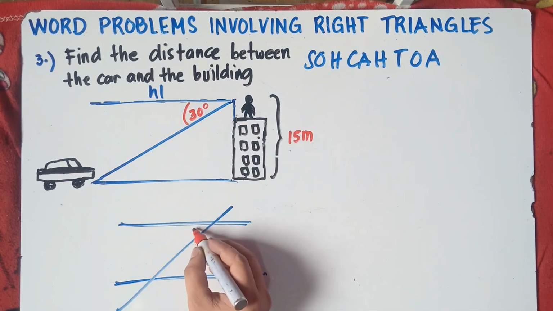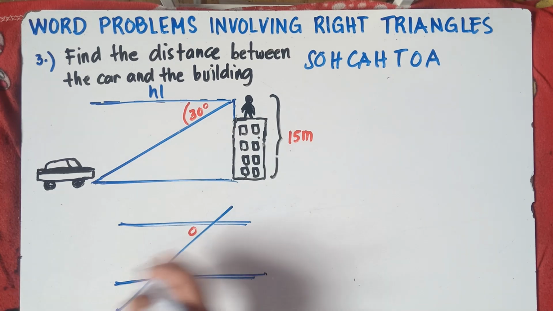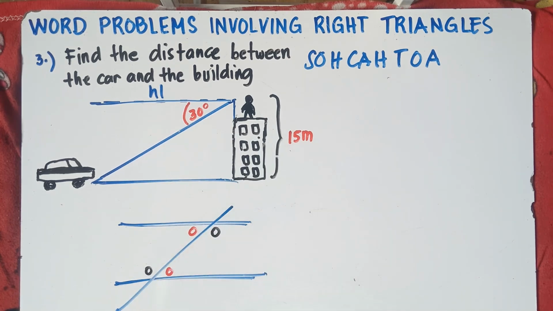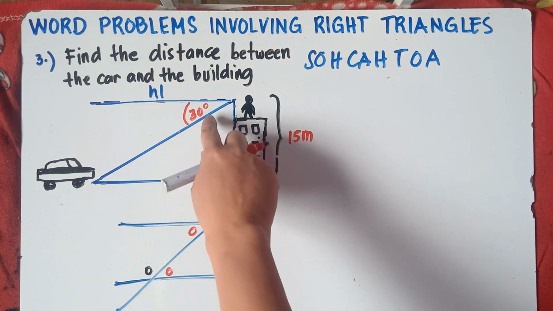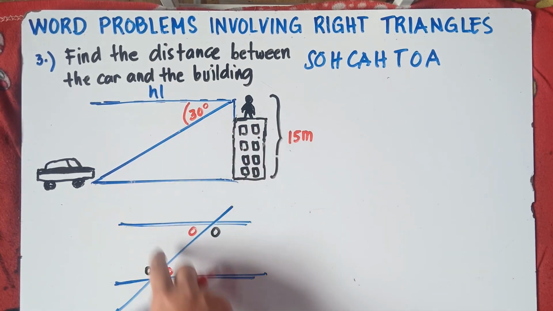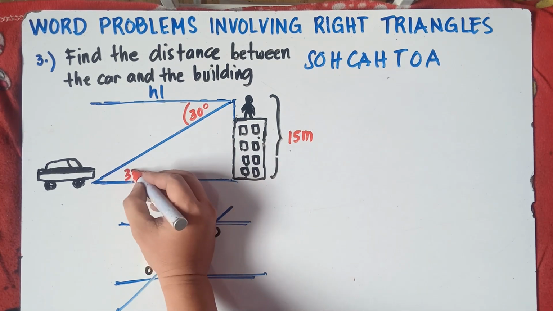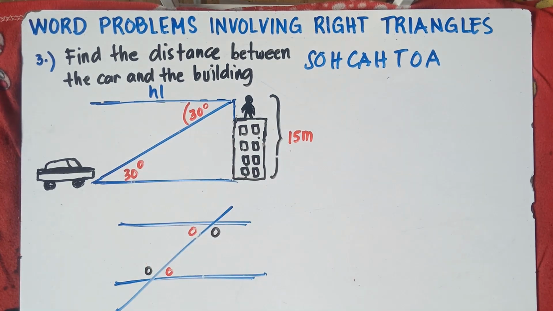This angle right here is congruent to this angle. That's what we call, class, alternate interior angles. And this angle will be congruent to this angle. Therefore, if this is a 30 degrees angle, this angle right here is also 30 degrees. Alternate interior angles are congruent.